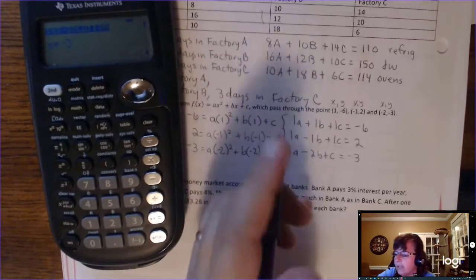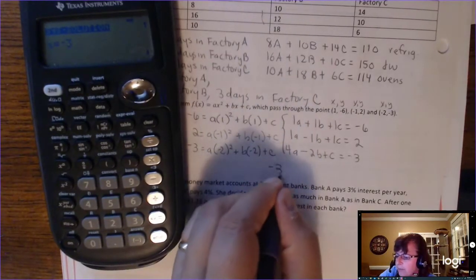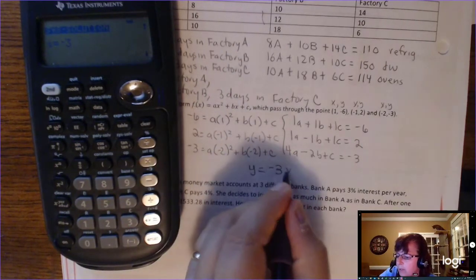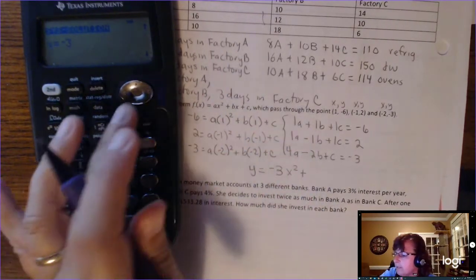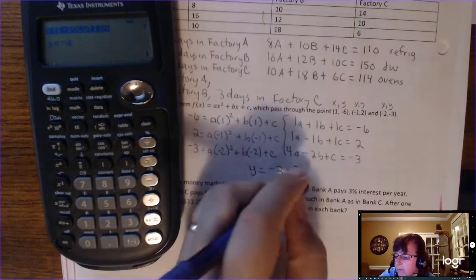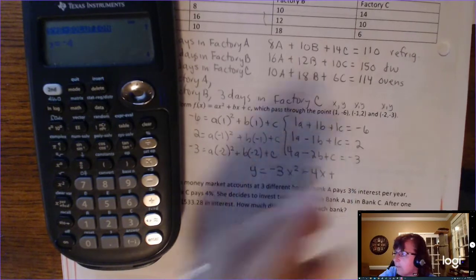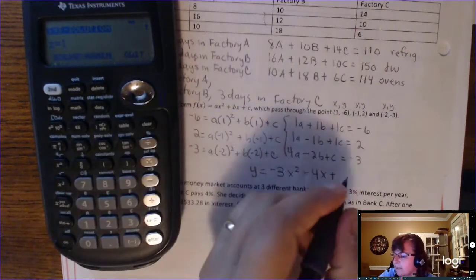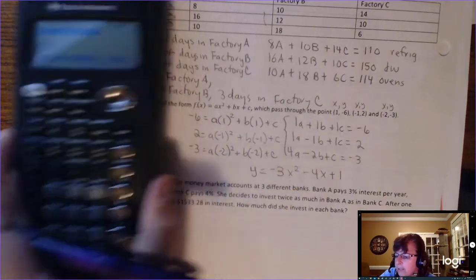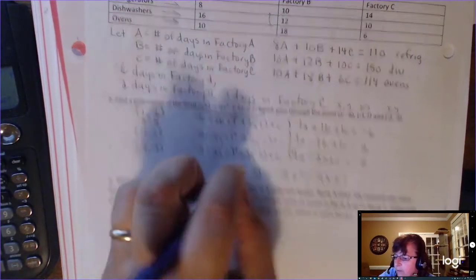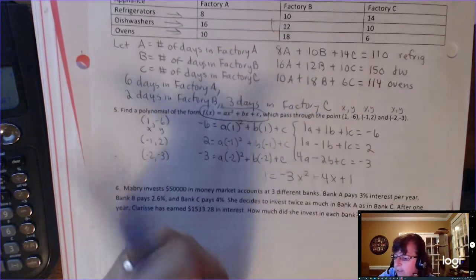Well, that's our a, right? So y equals -3x squared plus, let's see what b is, -4x plus 2. That's our c. So there is our function. If you want to use f of x, you can.